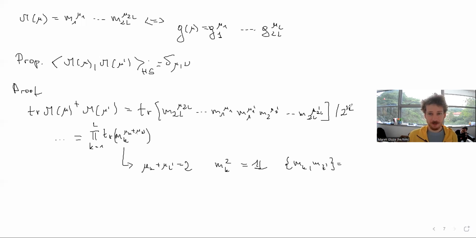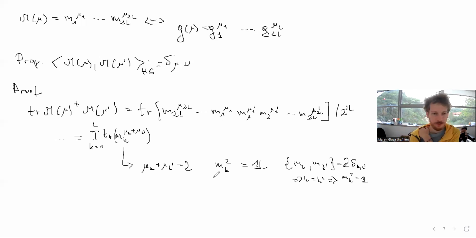No, I need 2 to the power 2l probably, because I was using a 2 here, k prime. So it means that k equals k prime. Then we have mk squared is equal to identity.